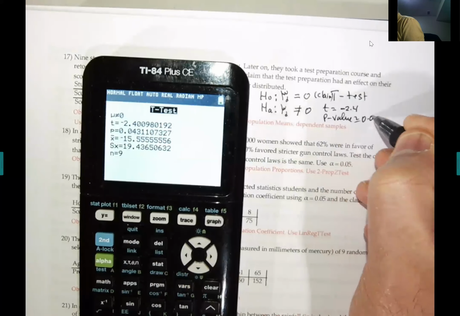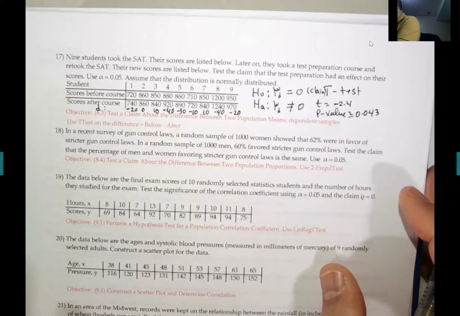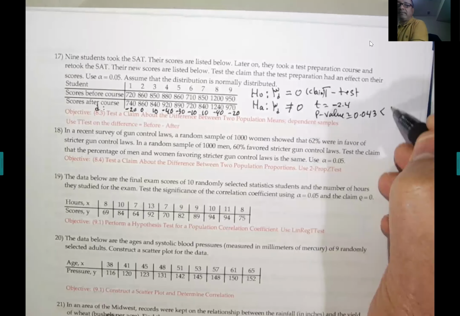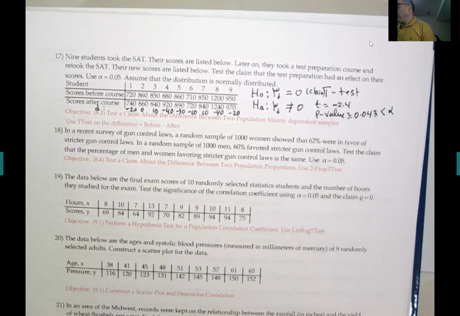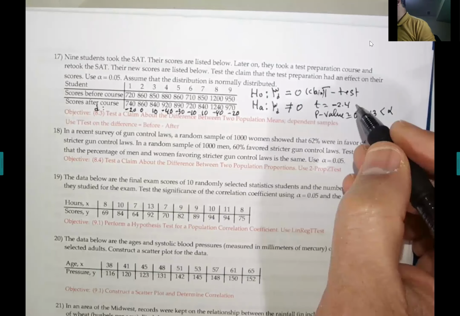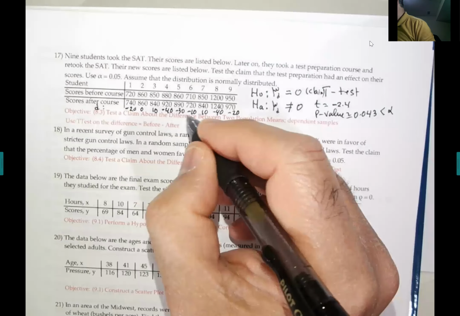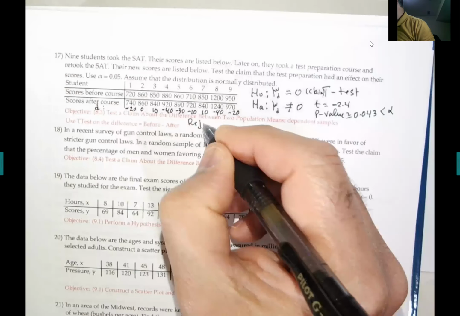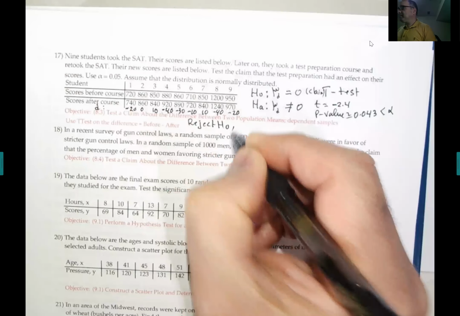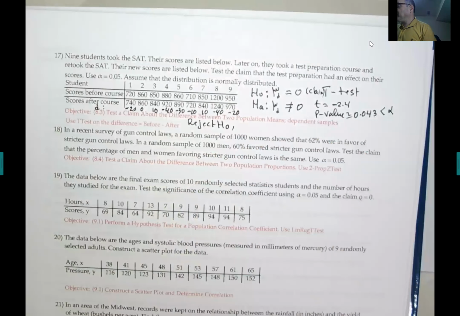And what does he want us to test against? What value of alpha? So less than alpha. And if it is less than alpha, what do you do, guys? Reject what? The null hypothesis. And what's the conclusion?